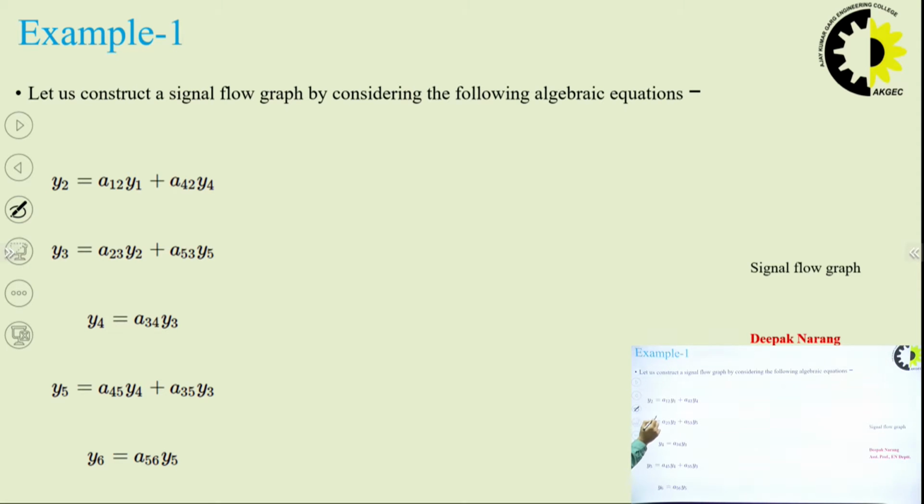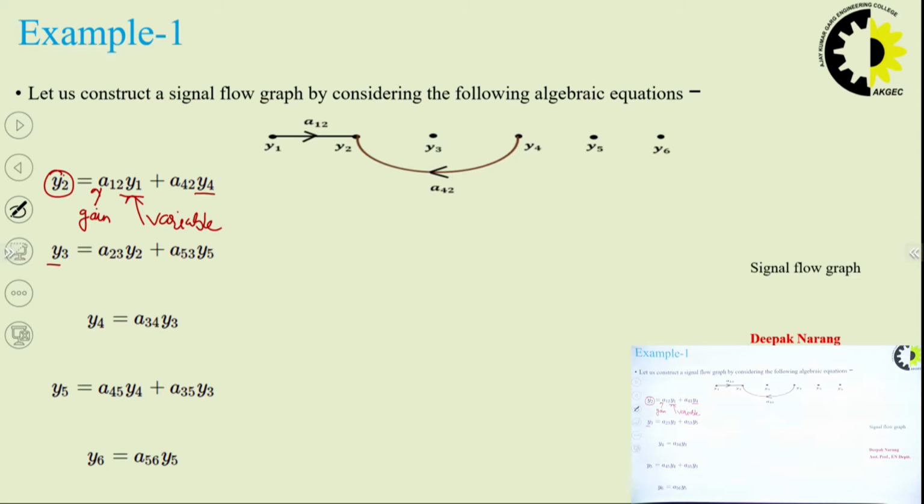Here we can see we are having some variables like y2, y1, y4, y3, y4, and these are coefficients, or we can say gains, and these are system variables. First step is to locate all these variables in the form of nodes like this.